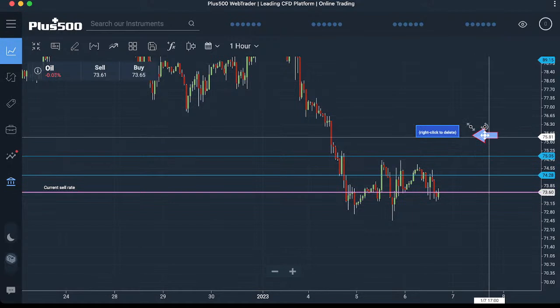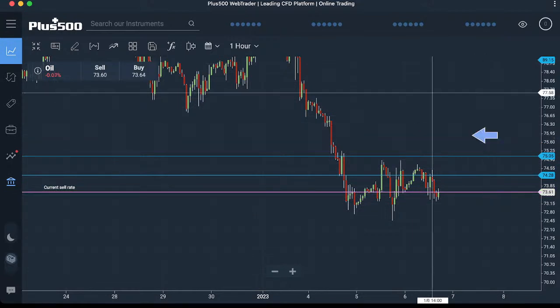But don't forget, for the NFP, I don't have time now to show you, but if you move to your weekly chart and look at the $73, for those of you who follow my last crude oil signal, which I posted in November.